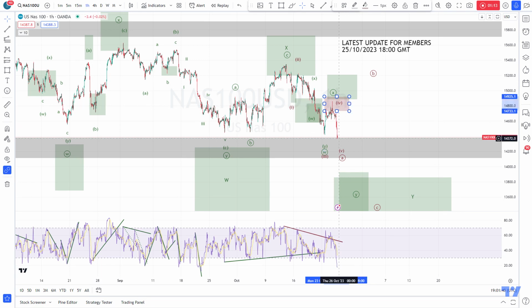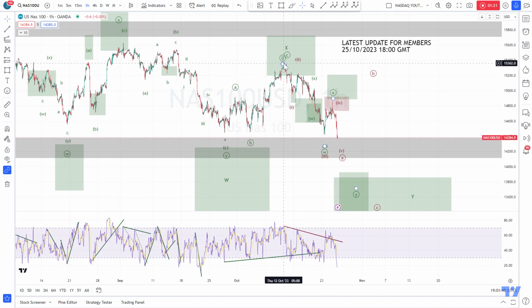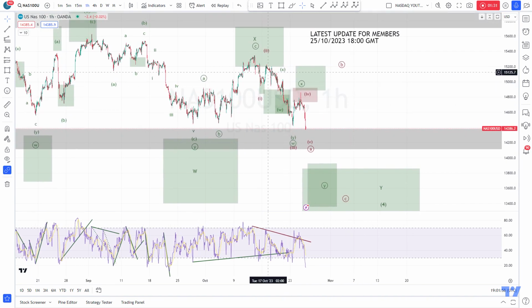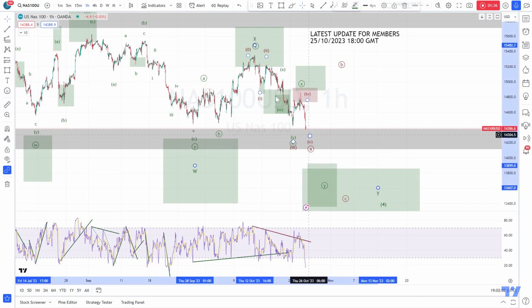But now, yeah, we have to see actually what will happen from here. So if we have 5 waves down from here, then it looks like this will unfold here, this last Y leg, as an A, B, C pattern.